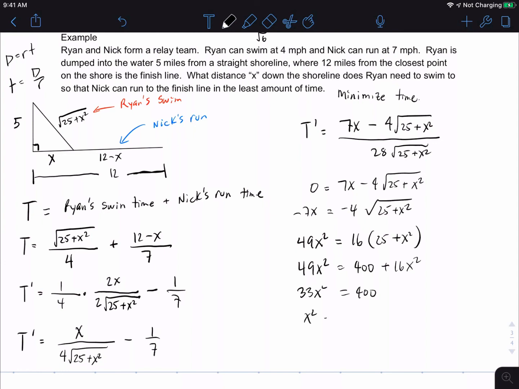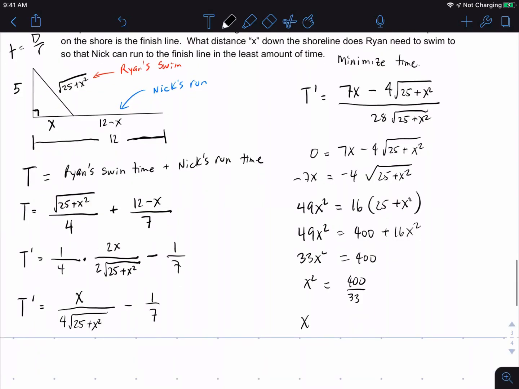So x squared is equal to 400 divided by 33. X is equal to plus or minus the square root of 400 over 33. And since we're talking about distance, it's a positive, so we're going to only care about the positive number.